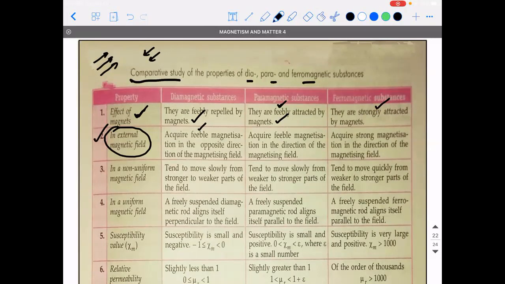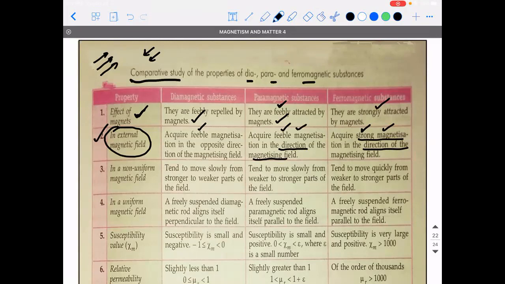Okay. Next. What about a paramagnetic substance? It acquires feeble magnetization in the direction of the magnetizing field. Okay. Whereas a ferromagnetic substance will also acquire magnetization, but this time it is going to be strong in the direction of the magnetizing field. So what I'm trying to say is para and ferro will have a similar kind of behavior except feeble and strong.